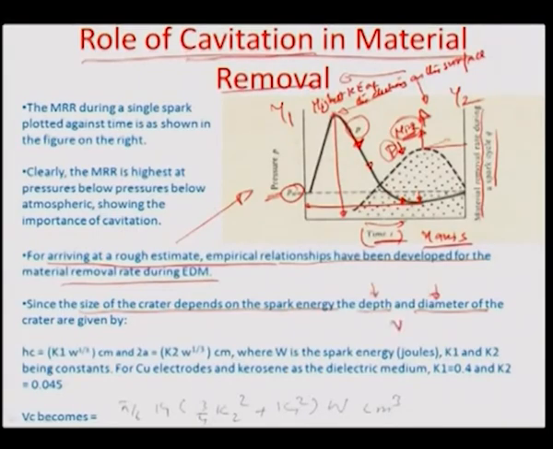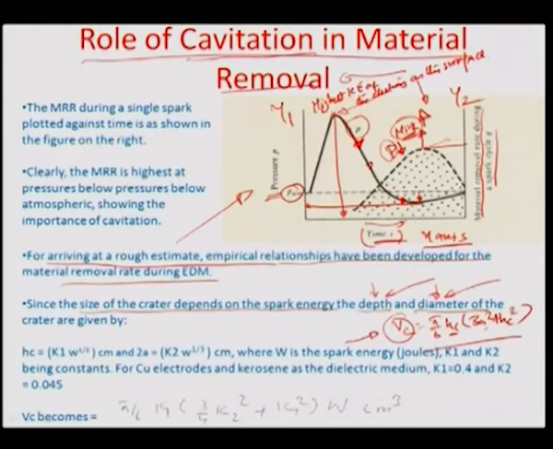You remember how we calculated VC to be equal to pi by 6 Hc times 3a square plus Hc square. This was what we derived last time as the crater volume, the volume of that small crater of height Hc and radius a. So VC depends on the depth as well as the diameter, a being the radius, twice a being the diameter.